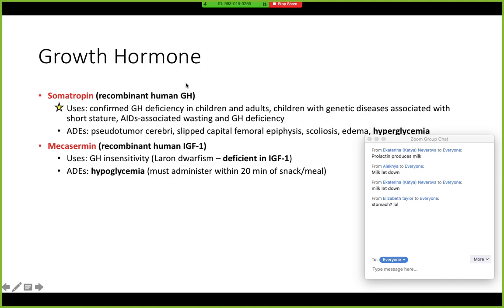Okay, starting with our growth hormone analogs, so somatotropin is recombinant human growth hormone, and it's going to be used in growth hormone deficiency in both children and adults. Children with genetic diseases that is associated with short stature, and also AIDS-associated wasting and growth hormone deficiency. So what are some genetic diseases in children that are associated with short stature that you would have talked about in MFM1?